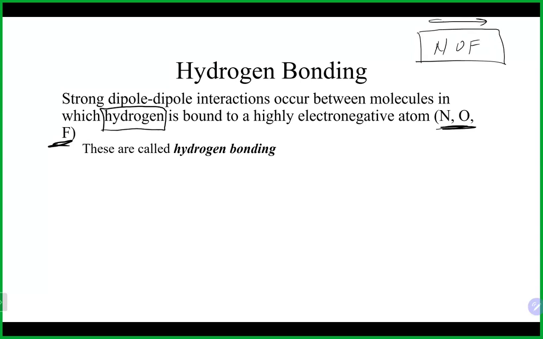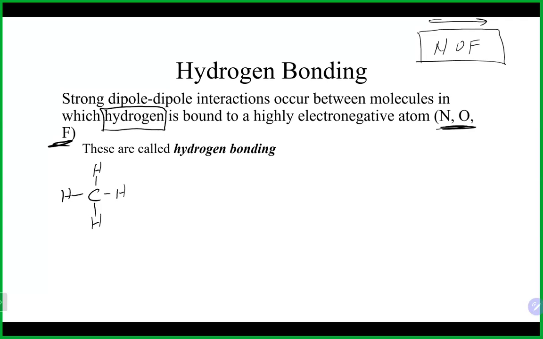And because of that, what that will create is a really big separation of charge, and that's going to allow a pretty strong attraction to happen because you have a positive and negative end. So for example, if we took something like methane, which has a load of hydrogens, can methane hydrogen bond?